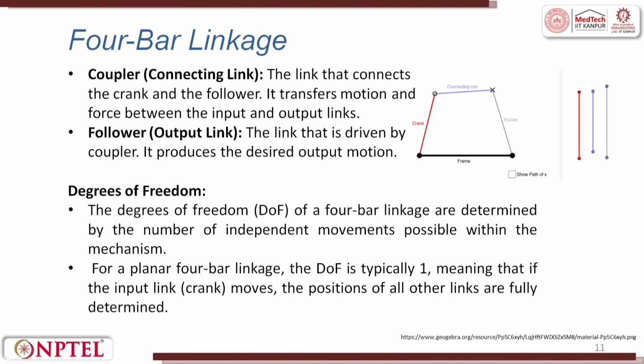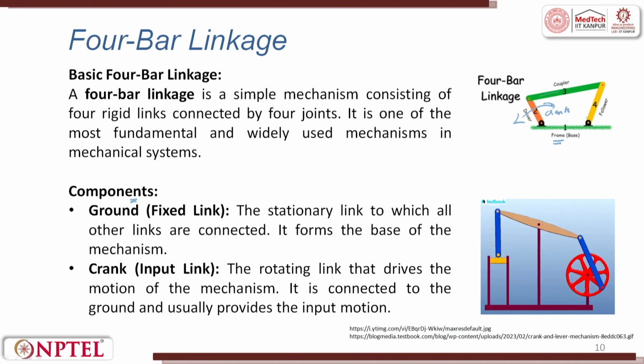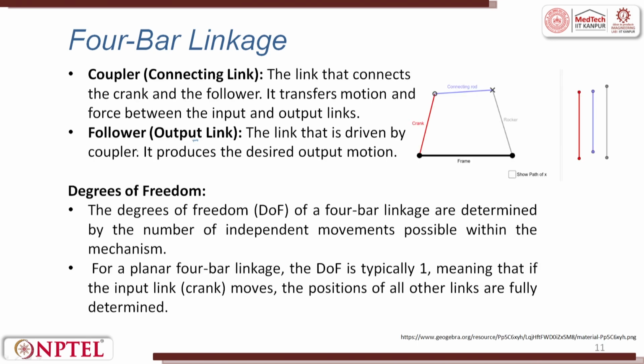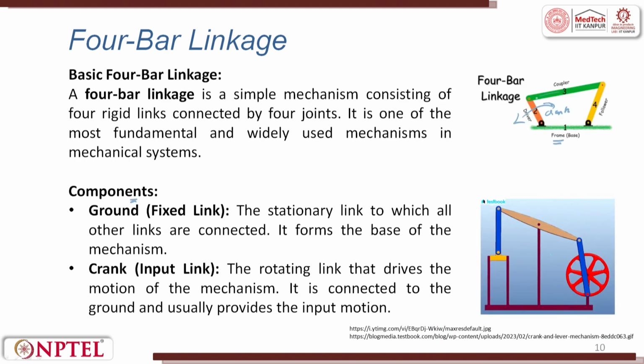And the last one is the follower, which is nothing but the output. The yellow link is the follower. The follower is the link that is driven by the coupler. It produces the desired output motion. I would like to repeat: the coupler is the connecting link. The connecting link is 3.